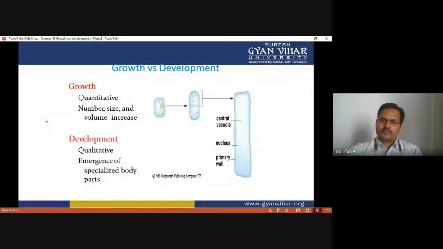So growth versus development, if we have to compare: growth is quantitative, that is, number, size, and volume increase in the growth, while development is qualitative, that is, emergence of specialized body parts, that is differentiation.